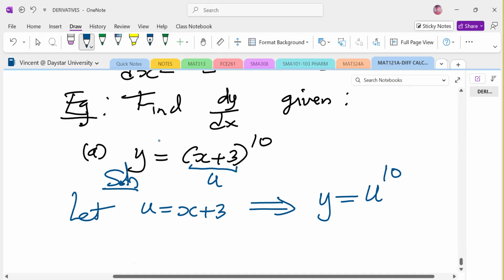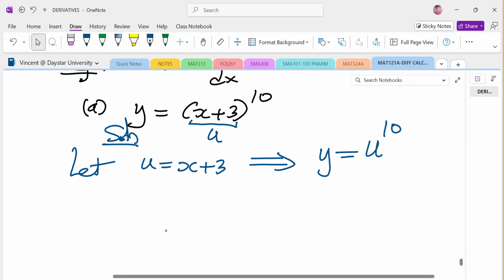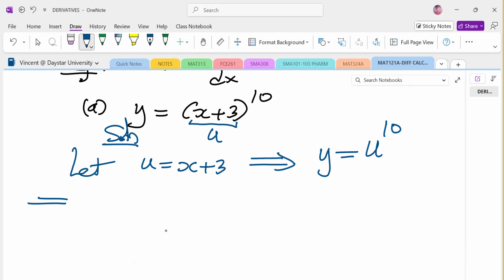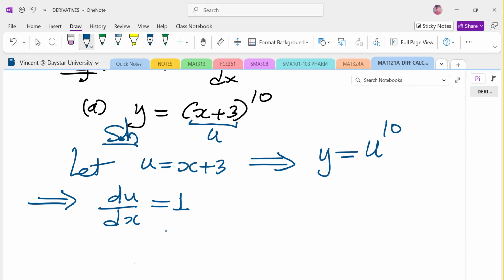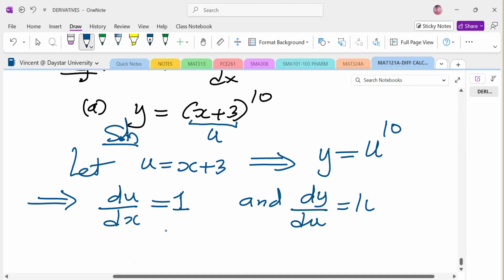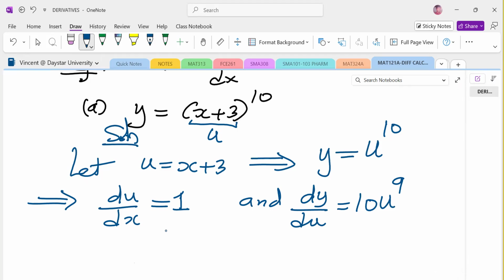So then with these two functions, du dx, just differentiating using power rule, you get 1, and dy du using power rule will be 10 u power 9. So you have your du dx and you have your dy du.